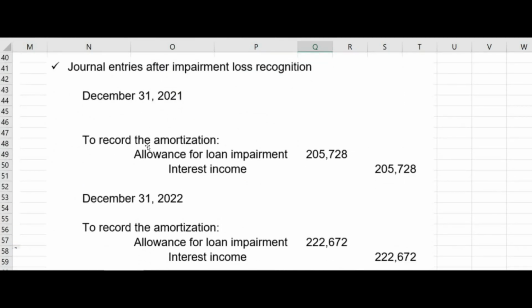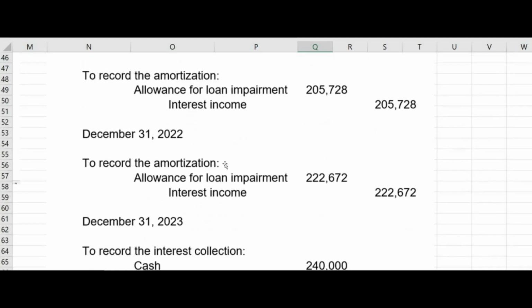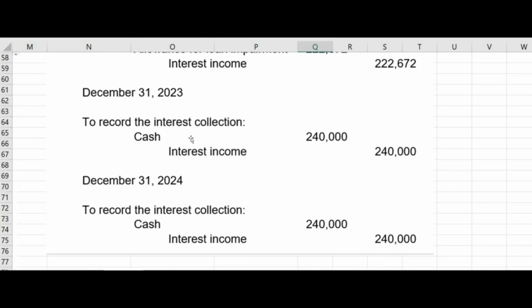So, we have here the entries to record the amortization of your allowance. So, you debit allowance for loan impairment at 205,728 and credit interest income for the same amount. Pagka 2022, ito naman yung record natin. So, debit ka pa rin ng allowance for loan impairment and credit ka ng interest income. By 2023, nakakolekta ng interest.